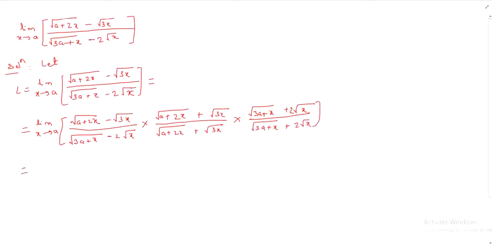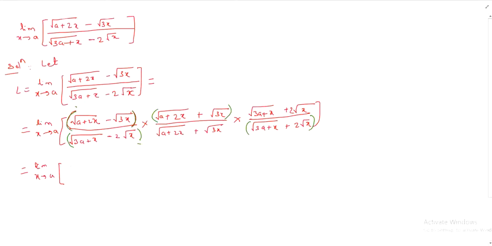Therefore is equal to limit x tends to a, in bracket. Here by rationalization collect the terms, okay, which are solvable here. Let us have these two, and in the denominator collect these two. Okay, so here we can simplify these terms.